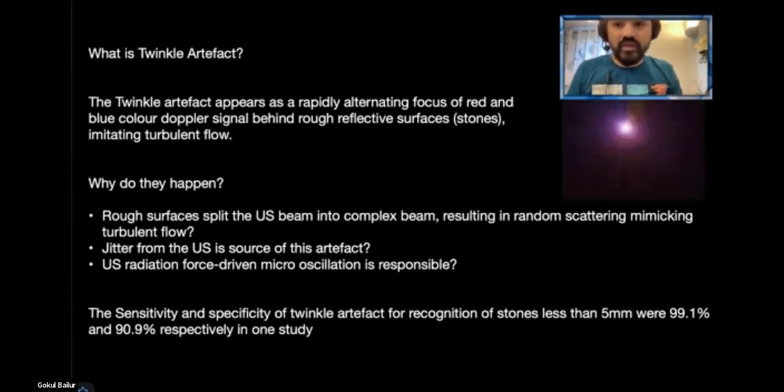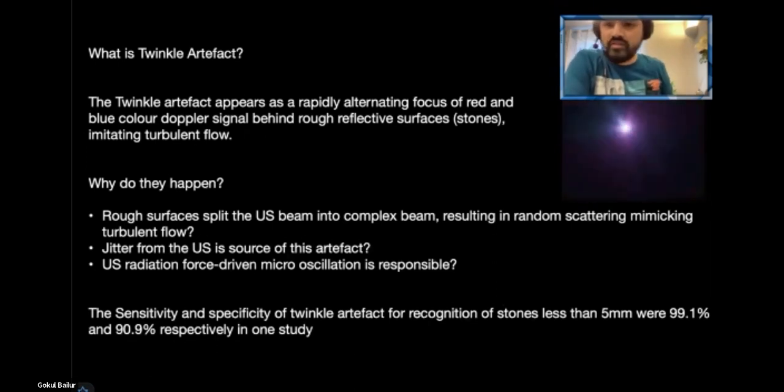But whatever the reason, I think twinkle artifacts is a great tool to see small stones. Can be used for kidney stones, even ureteric stones. The sensitivity and specificity of the twinkle artifacts is about 90% and 99% respectively for smaller stones as well, less than 5 mm, but can also be used for larger stones, like how we saw, which were quite obvious on the 2D image.